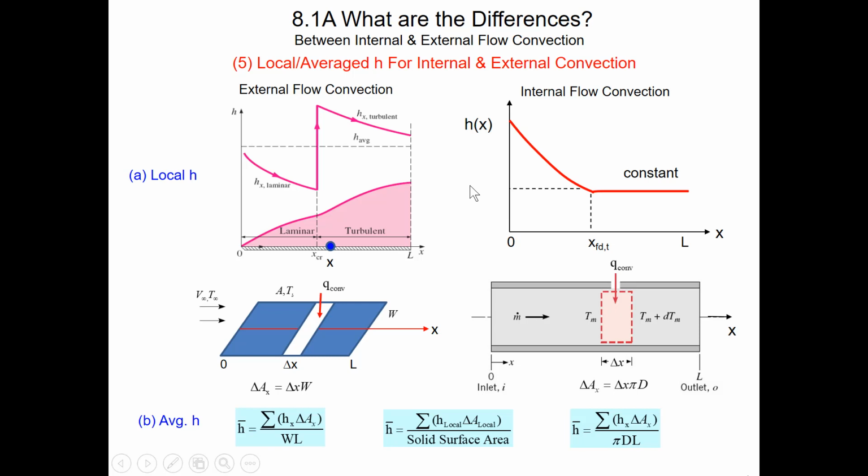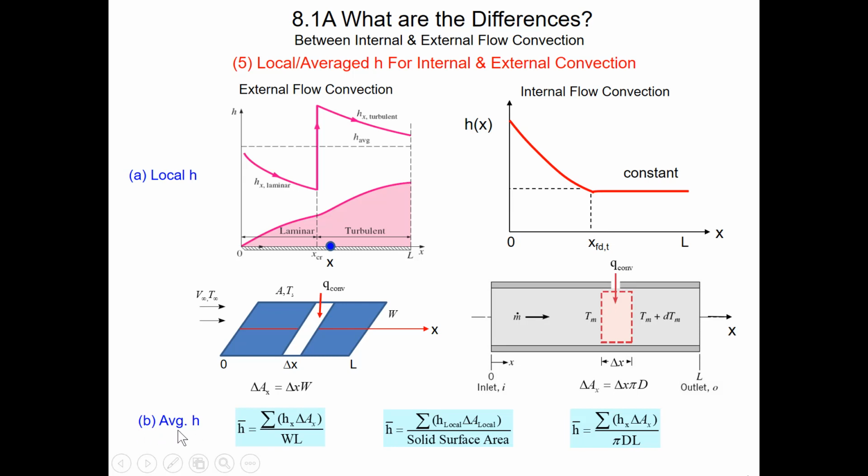The local heat transfer coefficient h for internal flow in a tube is decreasing first, and then it remains constant along the length of the tube for both laminar and turbulent flows.